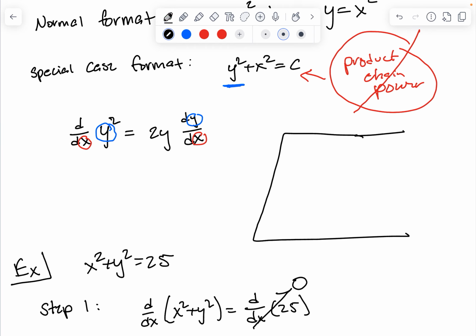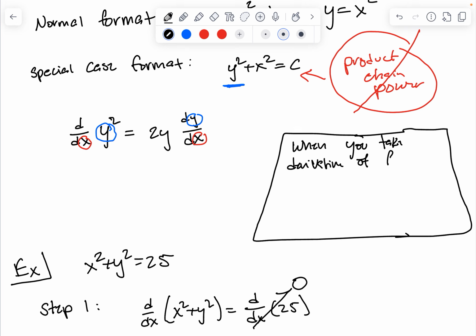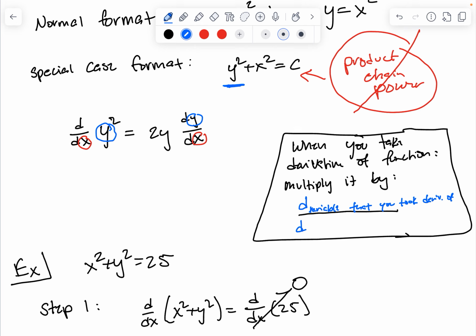Whenever you take the derivative of something, multiply it by d of the variable that you took the derivative of, over d of the variable with respect to.